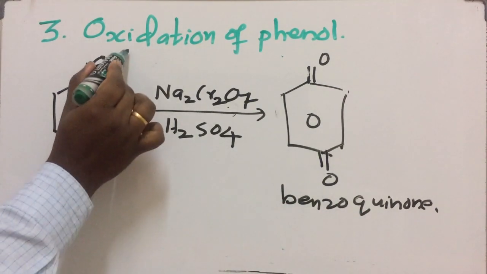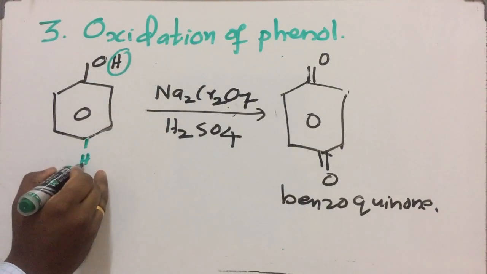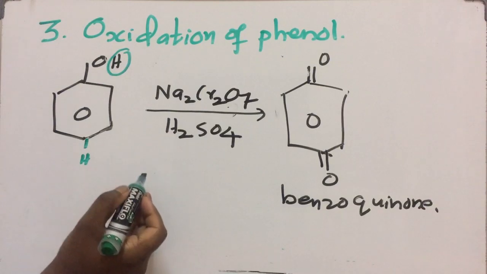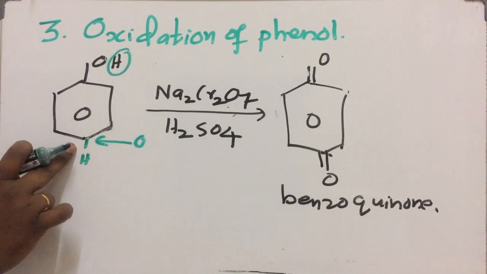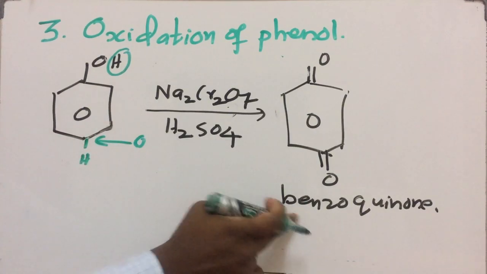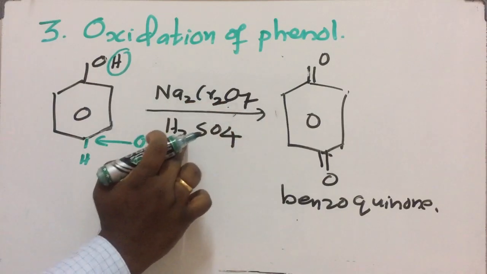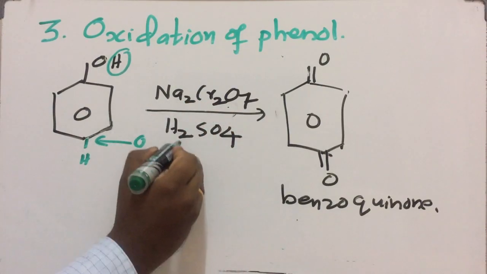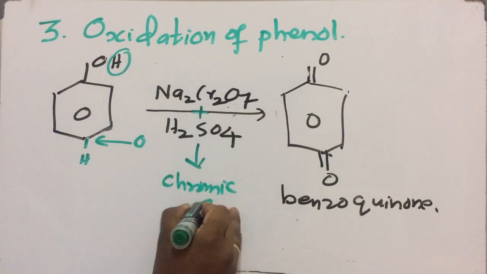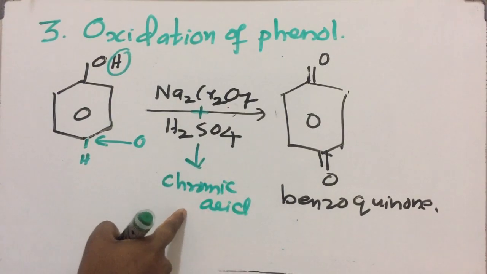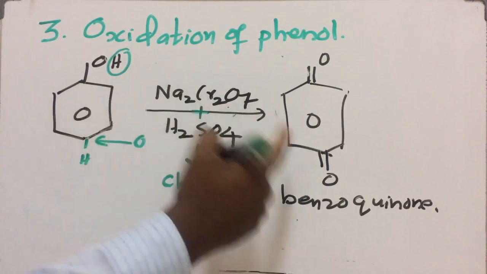During this reaction, hydrogen from OH and H from the para carbon is removed and oxygen will add to the para position and form benzoquinone. Here, sodium dichromate and sulfuric acid combine to form chromic acid, and this chromic acid acts as an oxidizing agent and helps the oxidation of phenol to benzoquinone.